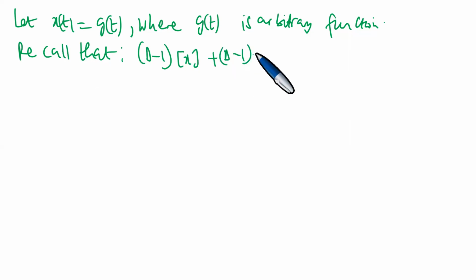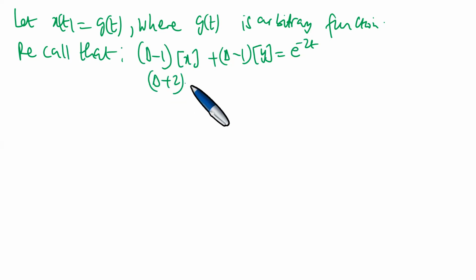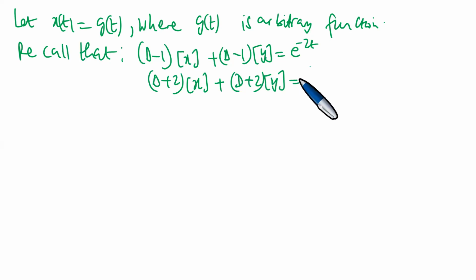And then we have y here, which is e to the minus 2t, d plus 2, x here, d plus 2, y, e to the t. Okay, so we have this.